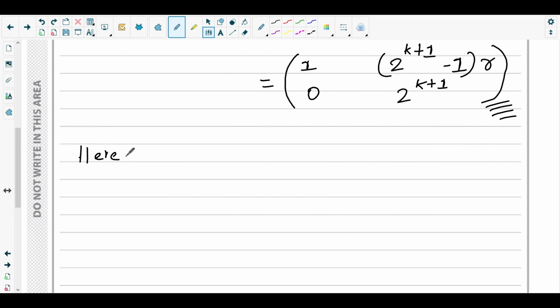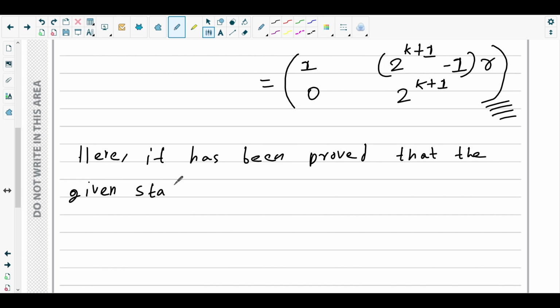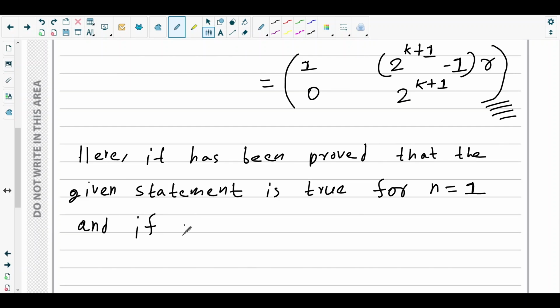Here it has been proved that the given statement is true for n equals 1, and if it is true for n equals k, then it is true for n equals k plus 1.